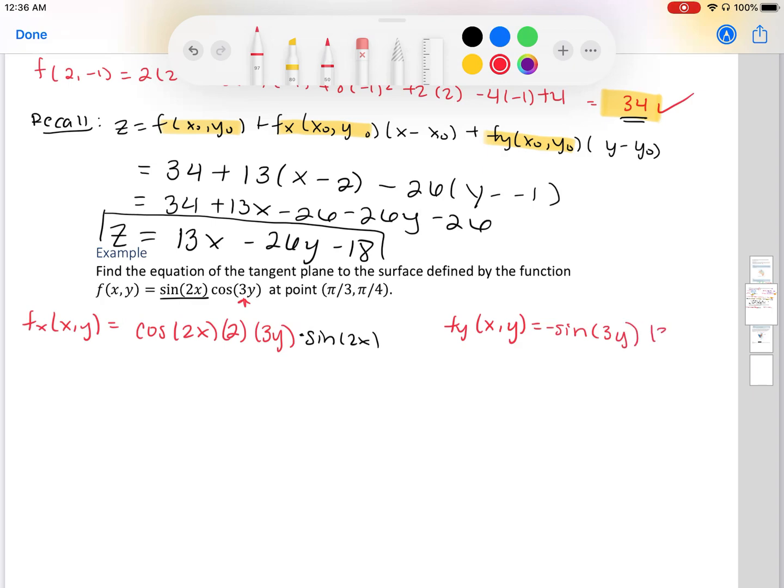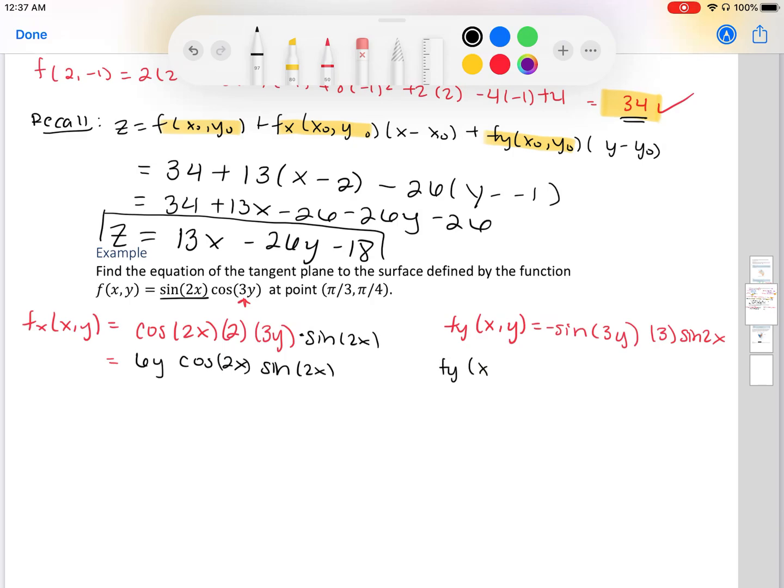Derivative of our argument is 3, and then that sine 2x is still there. Okay, so let's clean them up. So 2 times 3y gives us 6y. So I have 6y cosine of 2x and then sine of 2x.